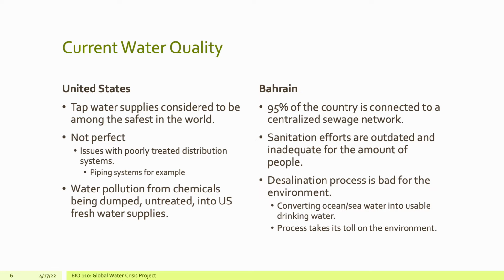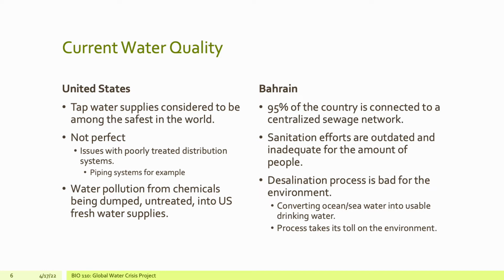Water pollution from chemicals being dumped untreated into U.S. freshwater supplies. Obviously that's happening with different industrial and manufacturing processes. And Bahrain, basically, 95% of the country is connected to a centralized sewage network.